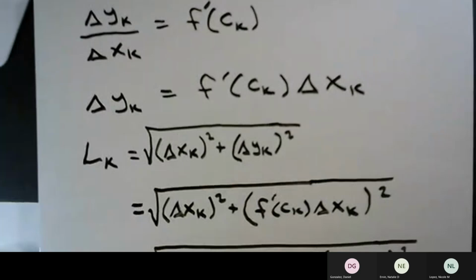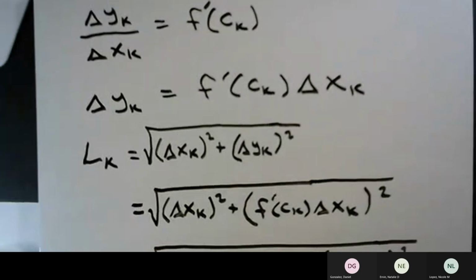So what this is going to mean, the surface area, I'll abbreviate that SA, is a to b of 2 pi f of x, or 2 pi y. You'll see it written that way too.